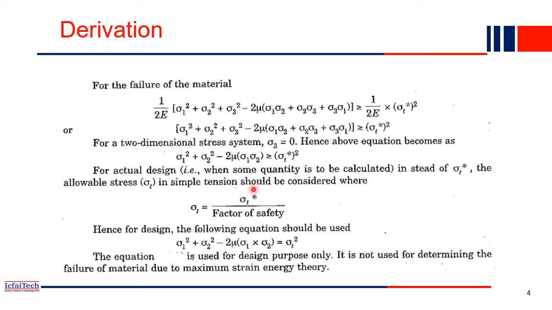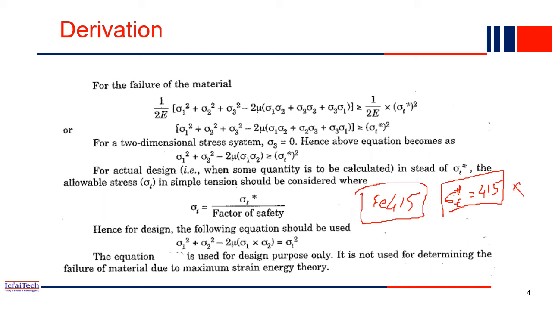If you use Fe415 grade of steel, then sigma t star is basically 415. But for the design purpose, we won't take 415. We take sigma t, which is actually 415 by the factor of safety. So this factor of safety, if it is 2, depending on the different country, different factors of safety they are using.